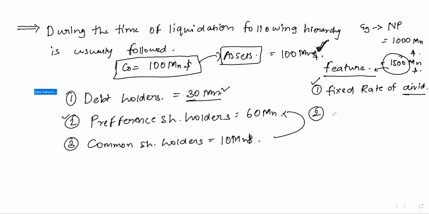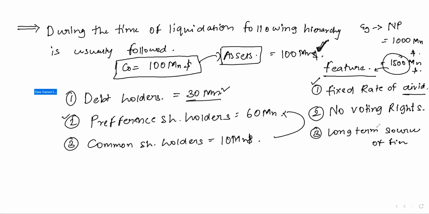Second, preference shares have no voting rights. Usually, preference shares do not have any voting rights. Preference shares serve as a long-term source of finance for the company. And the cost of preference shares for the company is higher than the cost of debt.